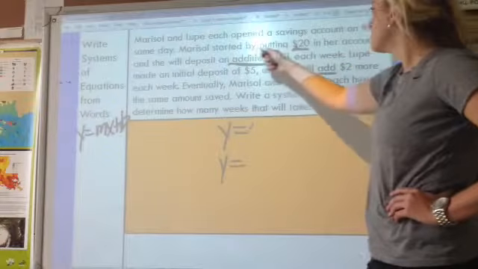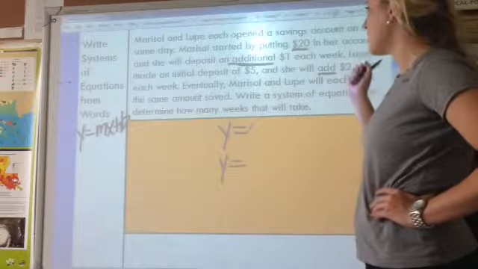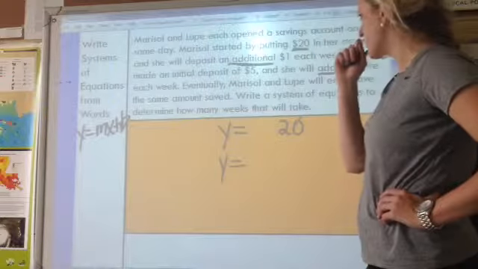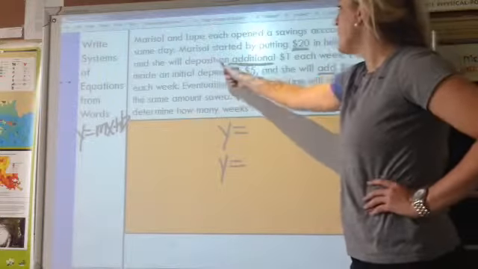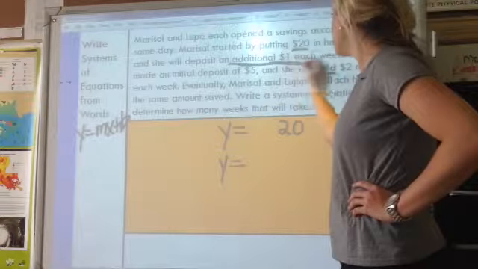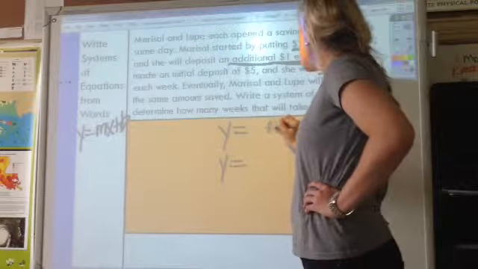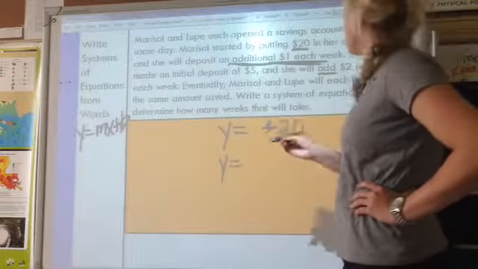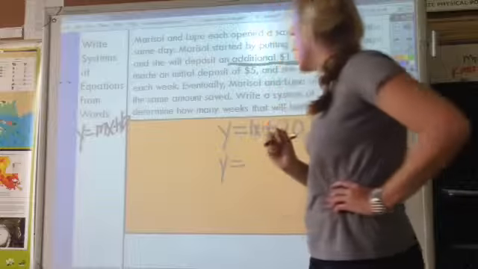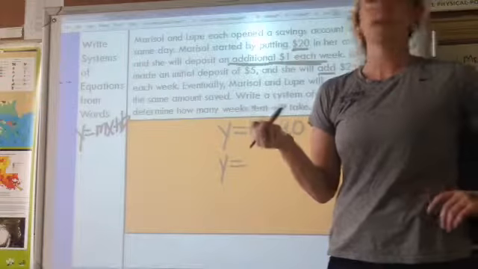But since it says started by putting $20 in her account, that's going to be my starting point. So that's going to be my y-intercept. And it says she will deposit an additional $1 each week. If it's an additional, I know that I have an addition problem. And if it's $1 each week, 1 is going to be accompanied by a variable since I don't know how many weeks it's going to take.